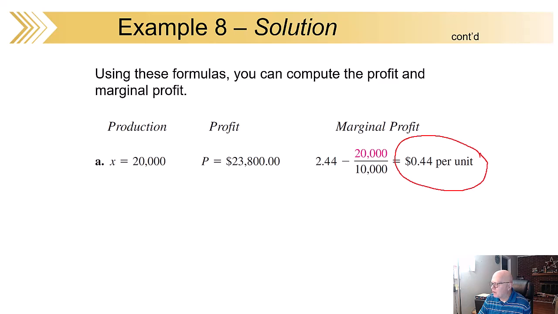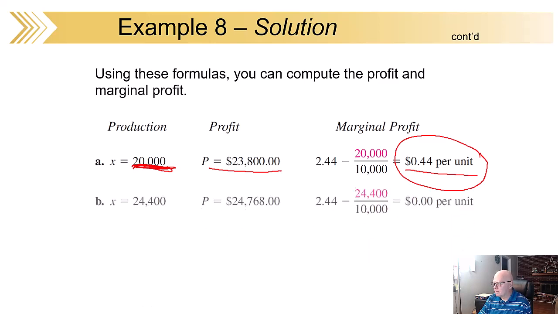That means if last month you sold 20,000 hamburgers, and next month you're going to sell 20,001, you're going to have an additional 44 cents of profit. At this level of selling hamburgers, this will be your total profit, and this is how the profit is increasing as you go from 20,000 to one more hamburger.